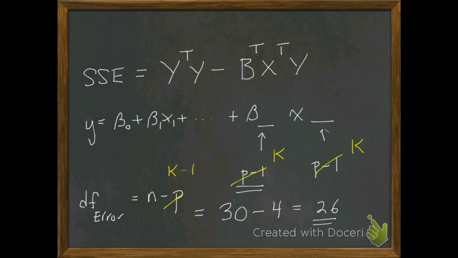In our situation, we would have 30 minus 3 minus 1, which is 30 minus 4, which again gives us 26. You know what? I really don't care how you remember it. To be honest with you, I'm going to go back and forth. But the one thing that we all can agree on is that we have degrees of freedom 26.